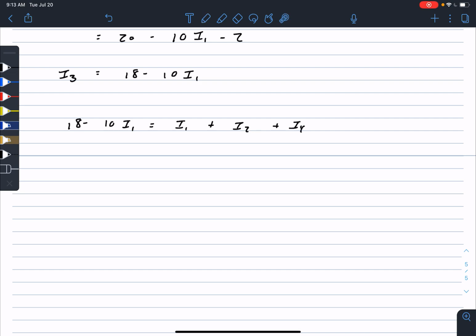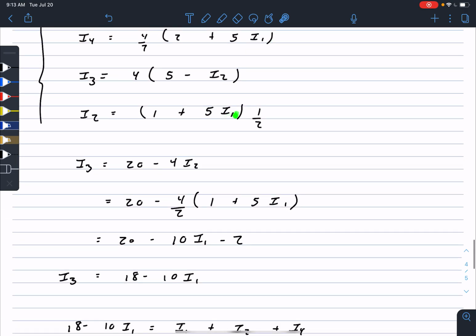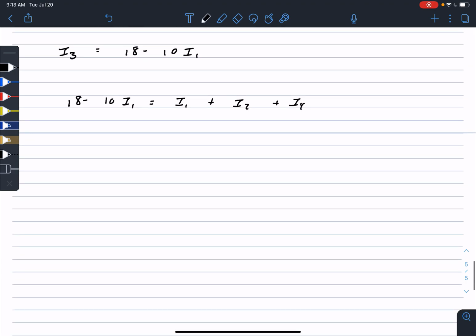And remember that we have I4 here in terms of I1, and I2 is in terms of I1. So all we have to do is replace I2 and I4, and we solve for I1.